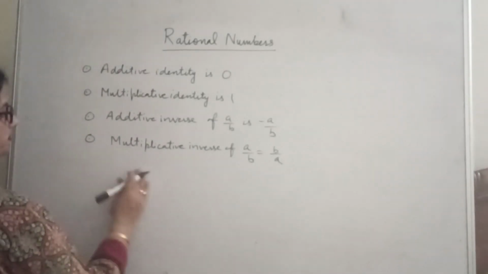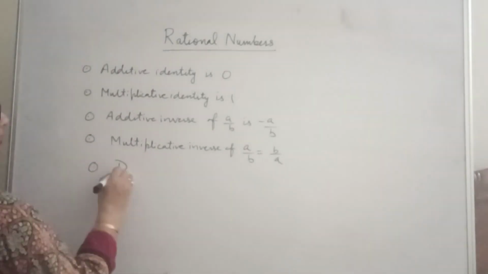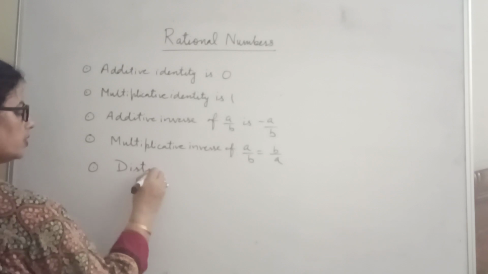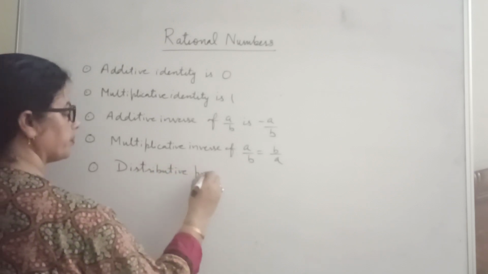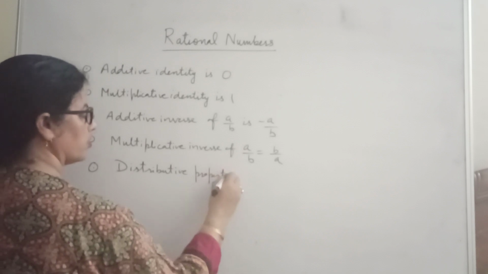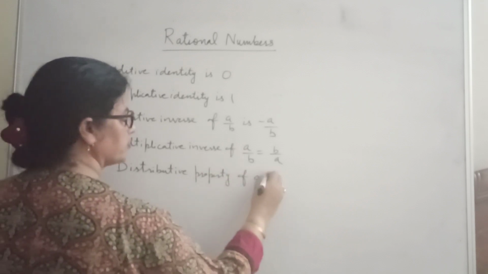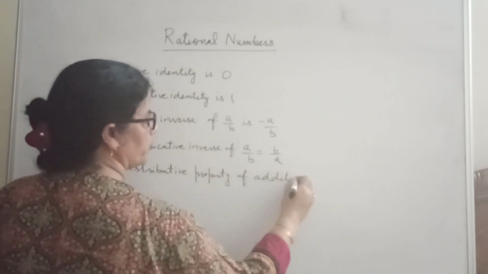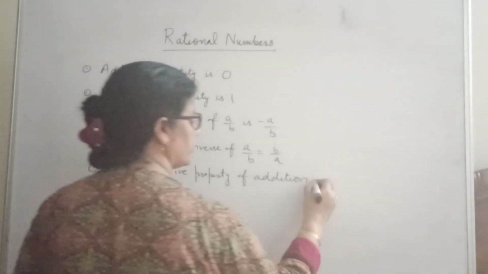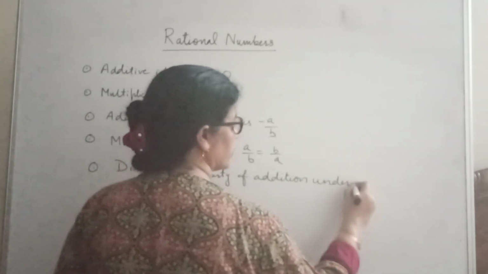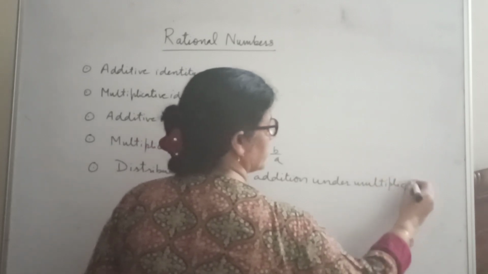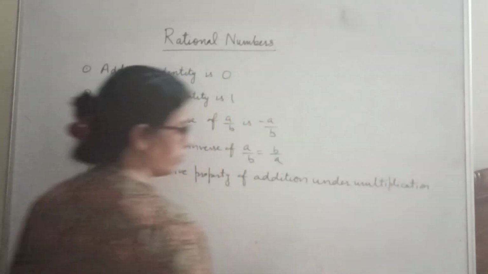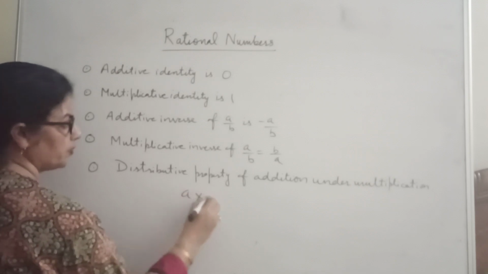Next is the distributive property of multiplication over addition.